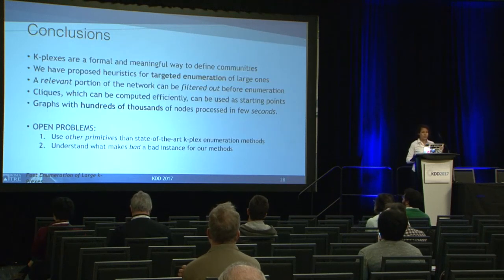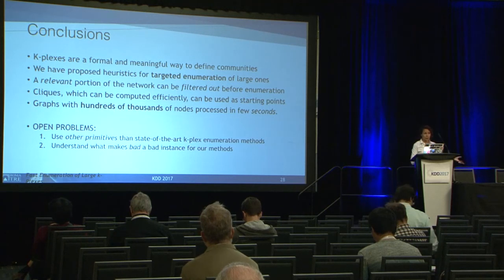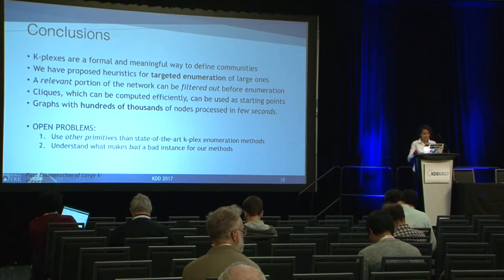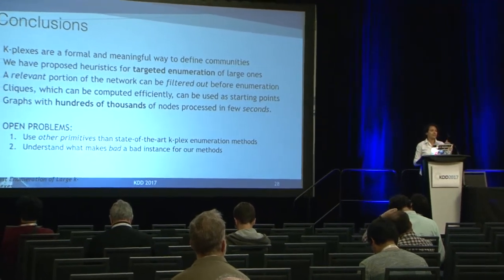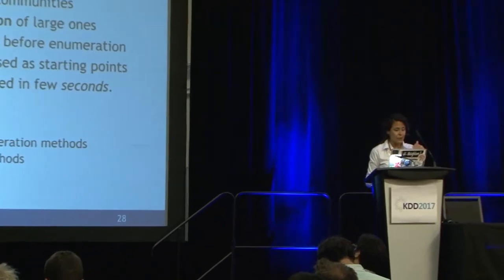Okay? So finally, the conclusions. We said that cliques maybe are a common definition of communities, but in practice, this is too restrictive. So k-plexes are still a formal way for defining communities, but maybe more flexible and meaningful in practice. We proposed heuristics for enumerating large k-plexes efficiently.